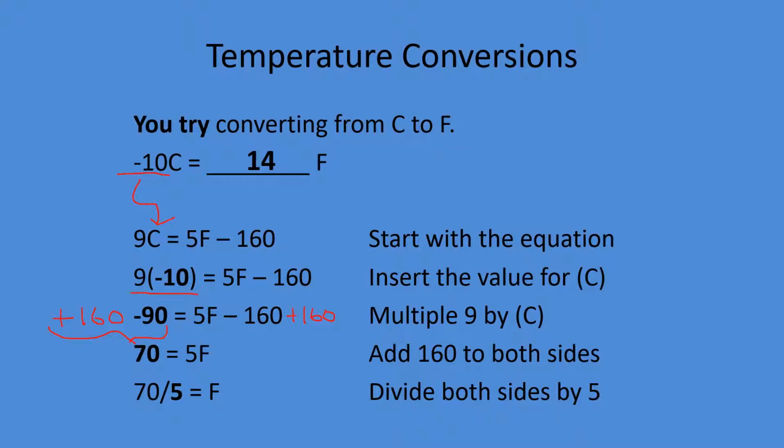So remember, positive 32 is freezing in Fahrenheit. So negative 10 Celsius is positive 14 Fahrenheit. So this is where we get that switch in the sign. So just be careful of your negative signs anytime you have negative temperatures.